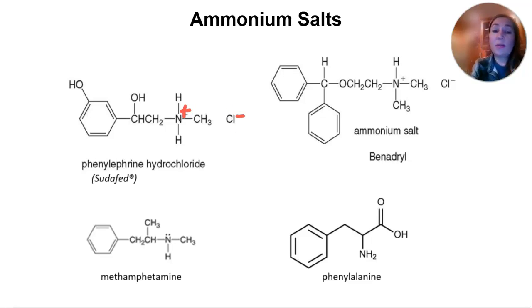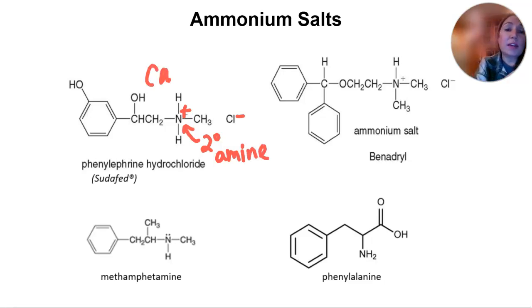It's kind of interesting. This nitrogen is a secondary amine. And let's just put it in writing. We've got our cation, which is our whole molecule, and then our Cl minus is our anion.